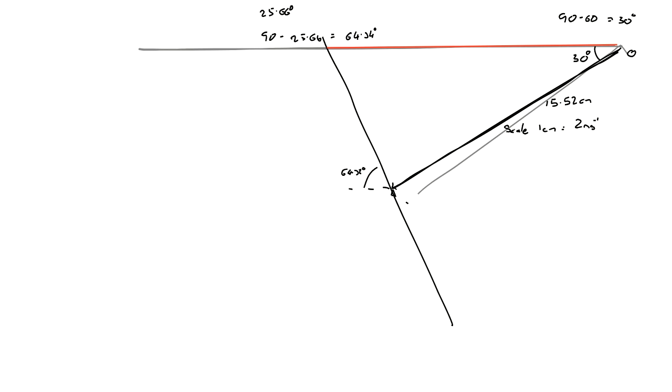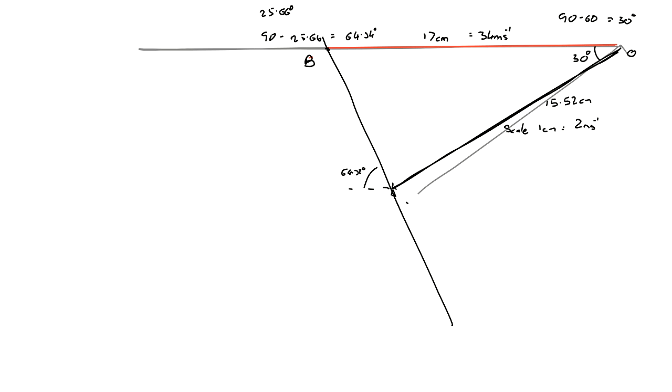Okay, this is point B, and the length of this line should be 17 centimeters, which is equal to 34 meters per second if everything's drawn correctly to scale.